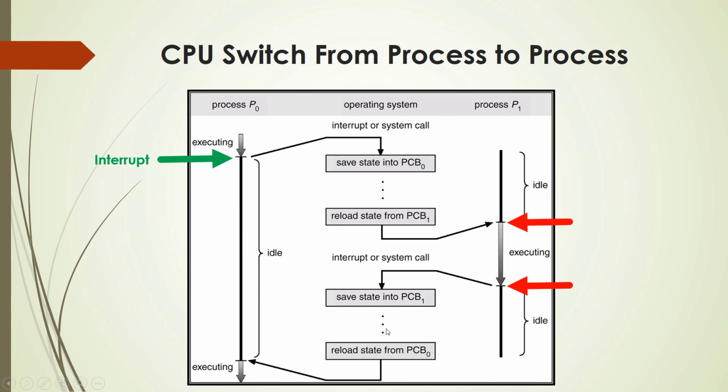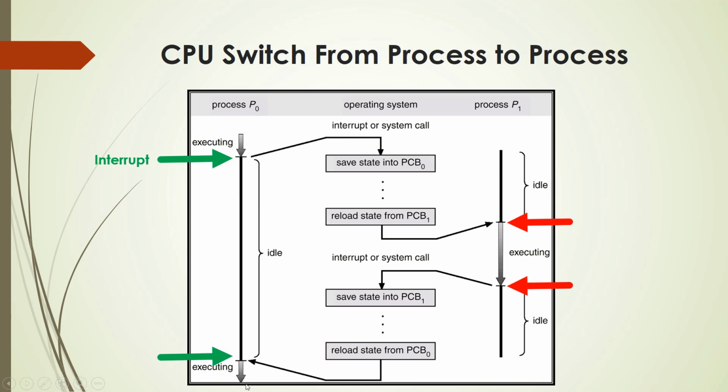Then at this particular point, this second green arrow, the PCB0 which was saved at this particular point is reloaded, and now P0 can continue its execution.